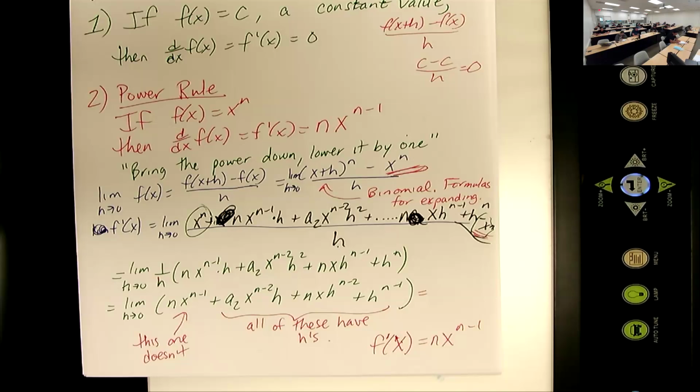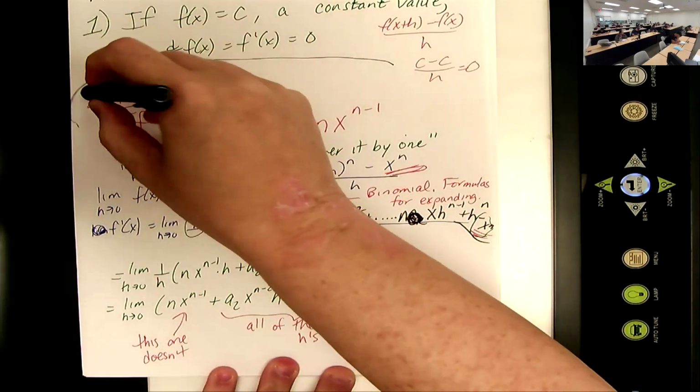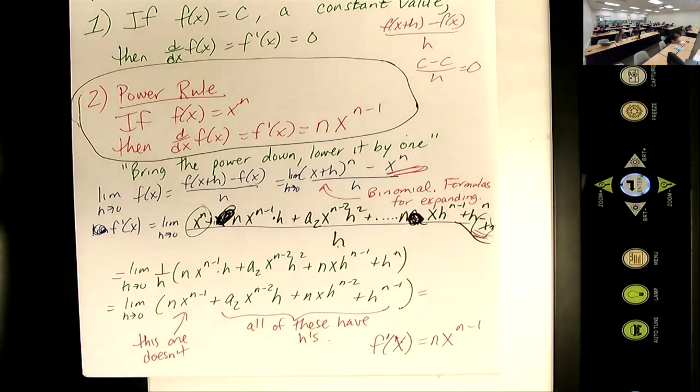Now, remembering the proof isn't essential. This is what you want to know. You want to know the rule. I was just showing why it works. It's not some magic.